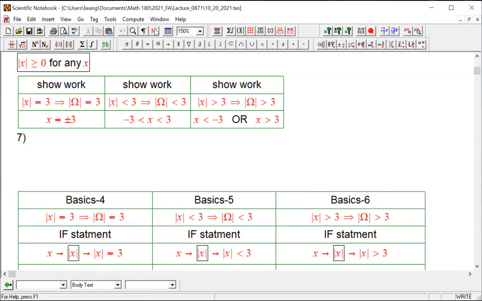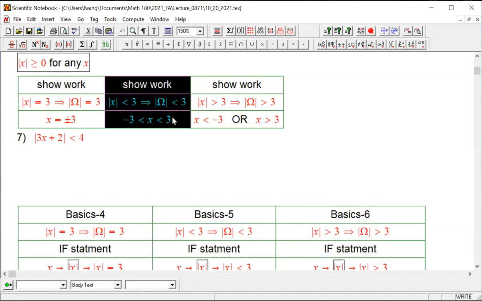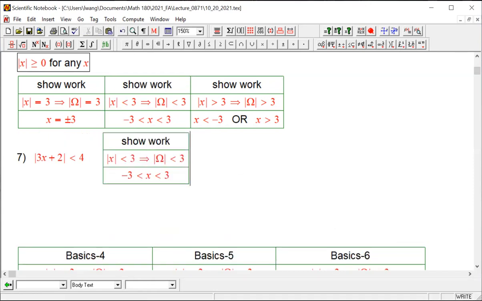Number 7 goes like 3x plus 2 less than 4. Apparently, this is the most fitting model.